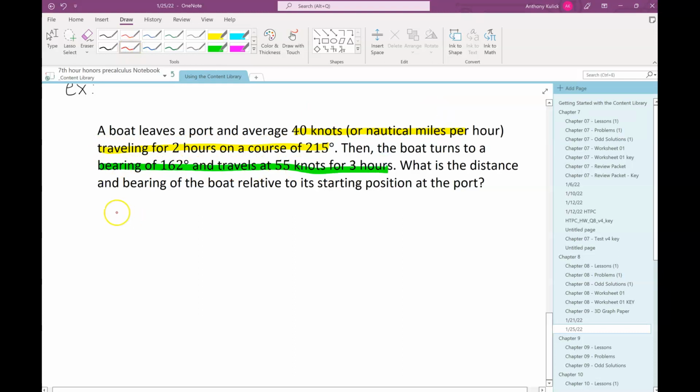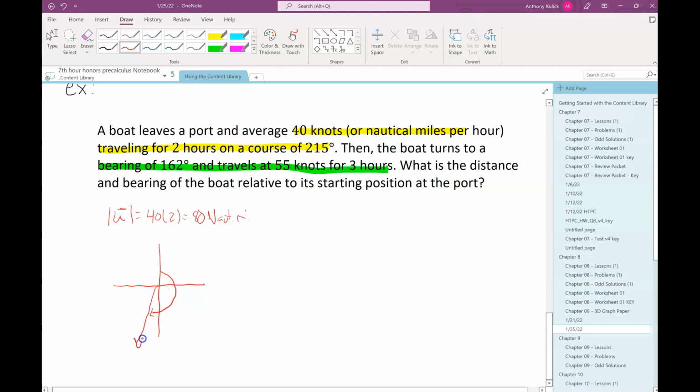The first vector I'm going to call vector u. I notice that the length of vector u is going to be that 40 knots times 2 to give me 80 nautical miles. And if I draw my bearing of 215 degrees, remember bearing starts from due north and goes clockwise.